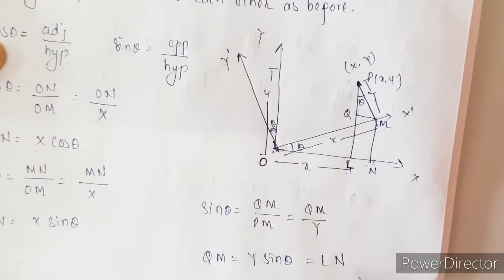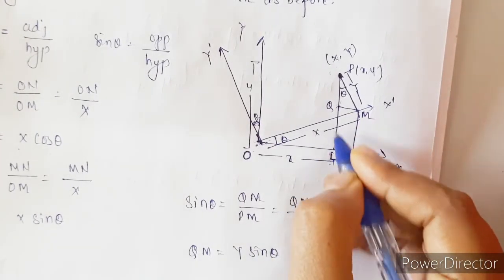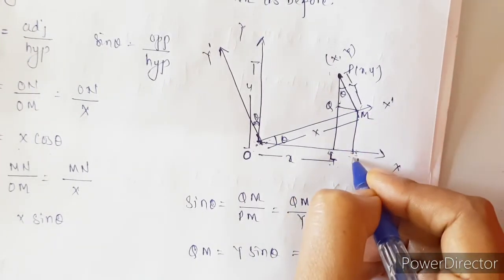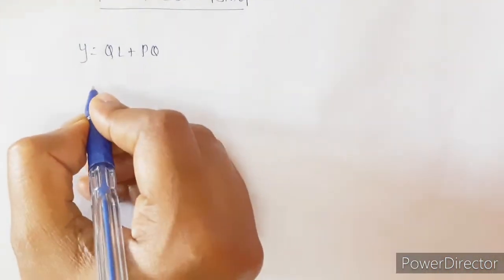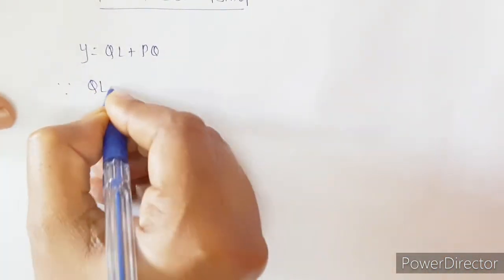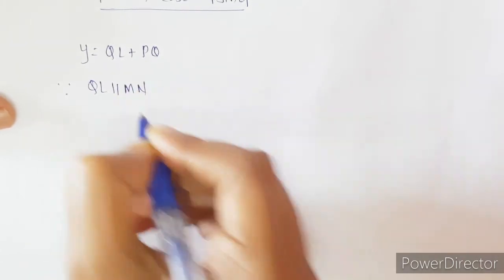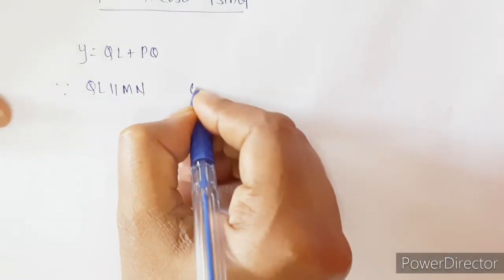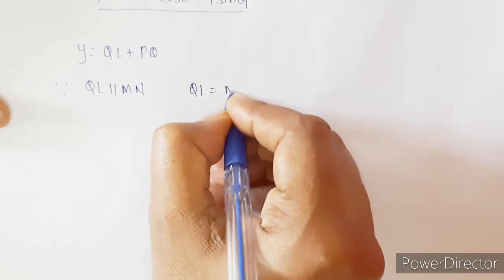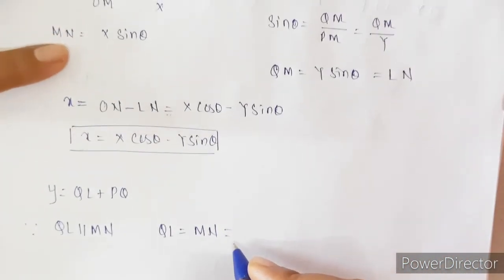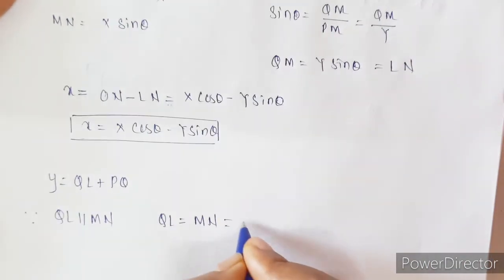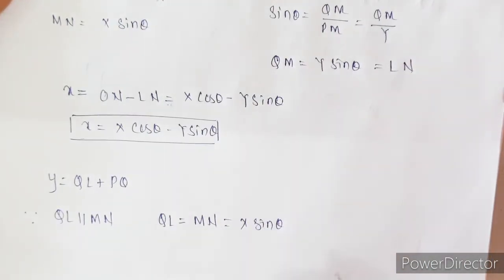And this is QL, and QL is parallel to MN, so we can say the distance QL is equal to MN. And what is MN? MN is X sin theta.